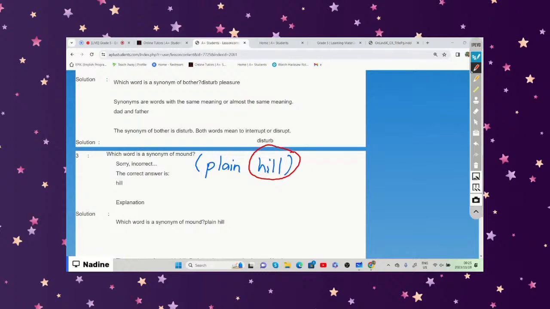Usually if people dump things within a dump site, the more you dump, it becomes like hills, or heaps of stuff, whether it is things they are recycling or just dirt or trash. So hill is the same as mound, not plain.